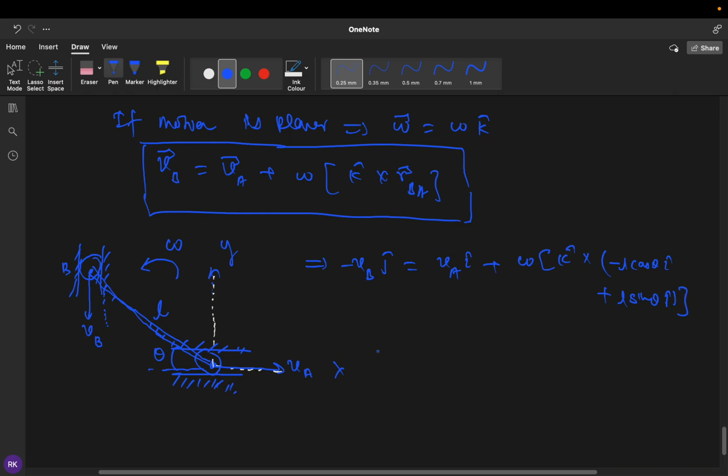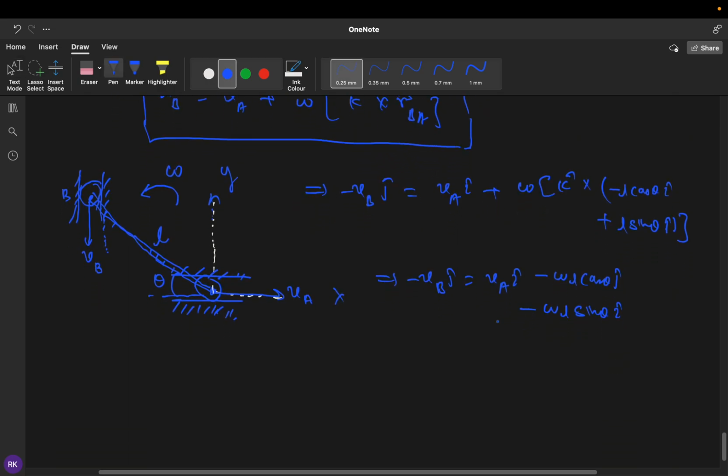Now simplify it. You will get k cross i, that is nothing but j, so minus omega L cos theta j, and k cross j, that is nothing but minus i, so you will get minus omega L sin theta i cap.